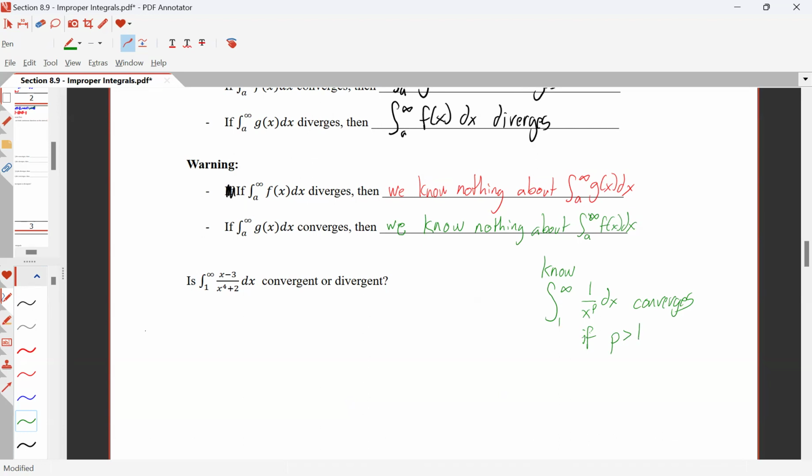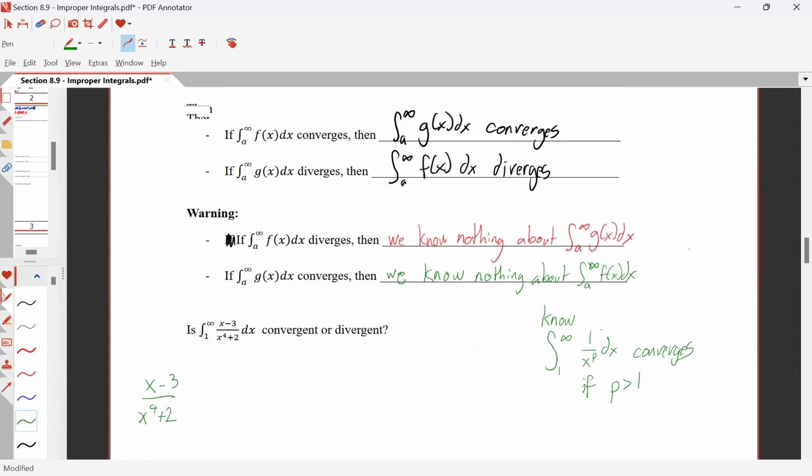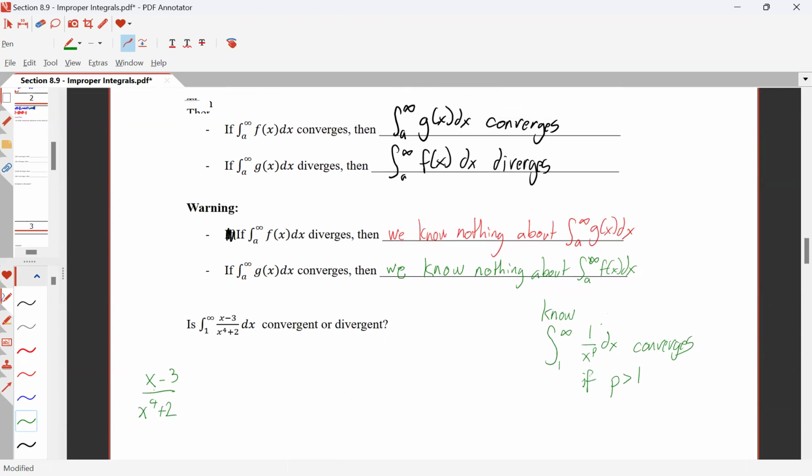If I can compare x minus 3 over x to the fourth plus 2 to 1 over x to some number p, I can try and use this comparison test. So I'm going to see if I can simplify this down.